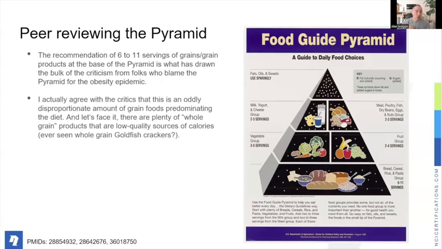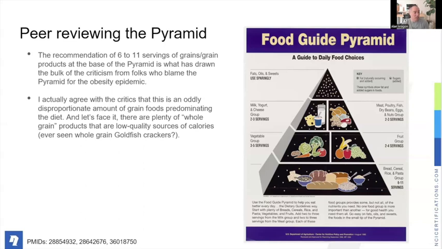And the whole grain issue is really an interesting one, which we'll take a closer look at when we look at grains as a subset of the starch food group. I like to bring up the example of goldfish crackers because they have a whole grain version of goldfish crackers.